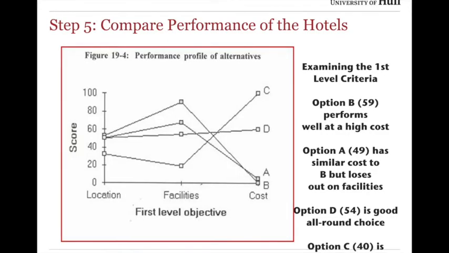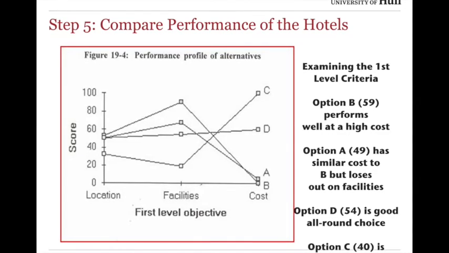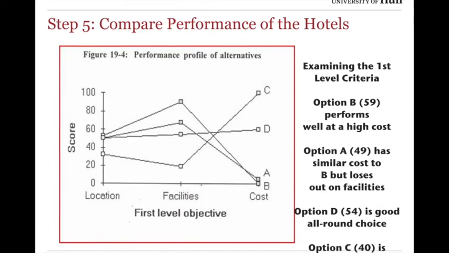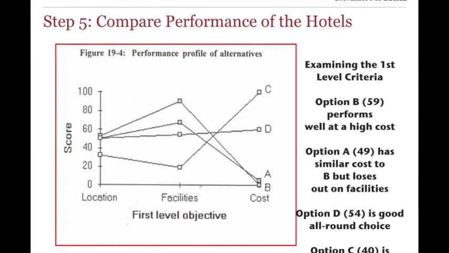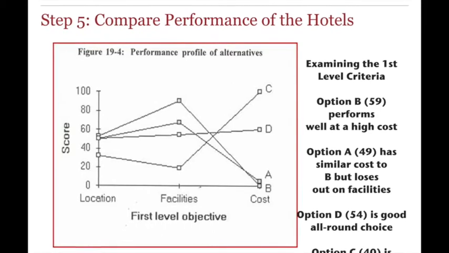But we get an overall sense of performance. So if we look at them systematically, option B with a score of 59 performs well, but it's high cost. Option A with a score of 49 has a similar cost to B, but it loses out on facilities. But it's very similar in terms of location.